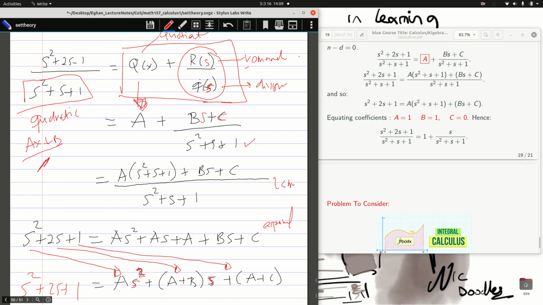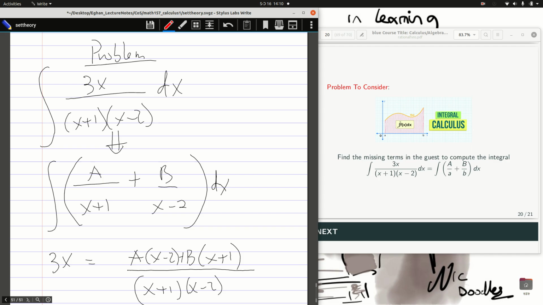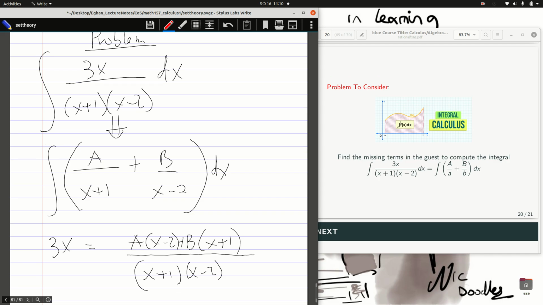Okay. So now this gives us the problem of the day. The problem of the day says we should find the partial form, but it is given in the form of integral calculus. This means that partial fractions are used in calculus, integrals, and differentiation.